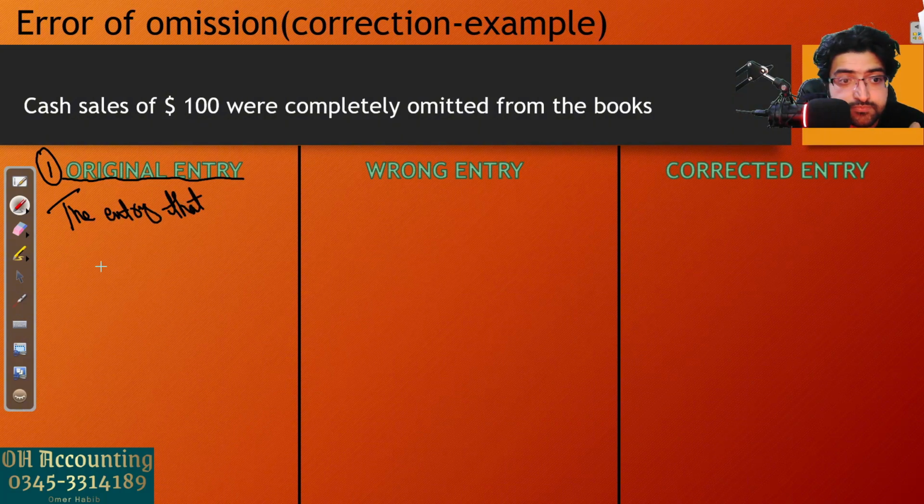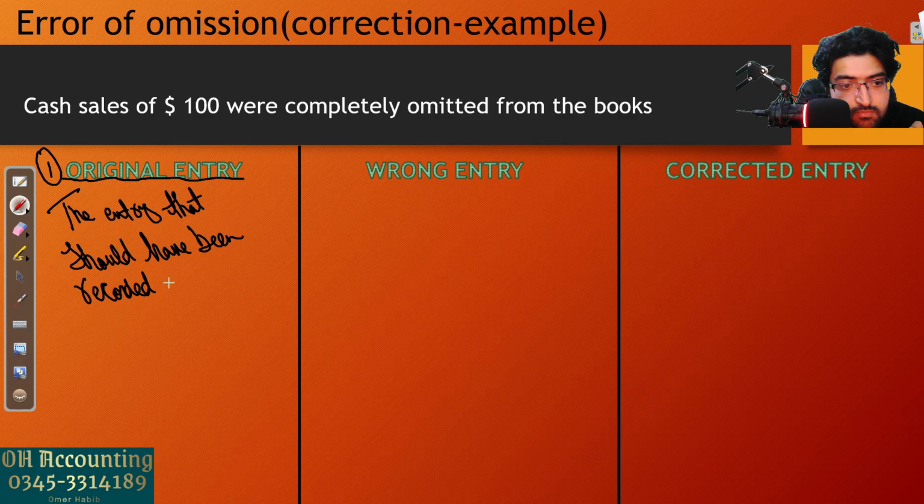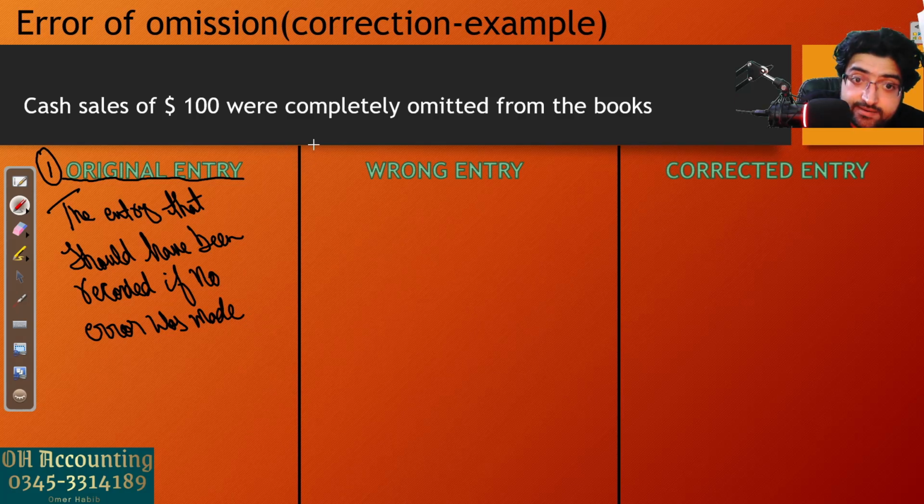The entry that should have been recorded if no error was made. Alright, then the wrong entry that we made by mistake.